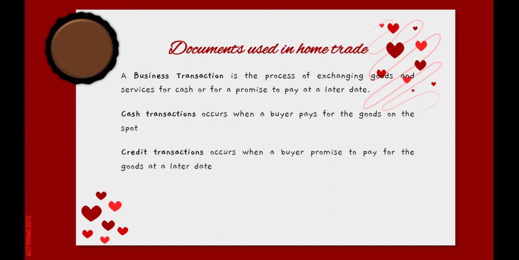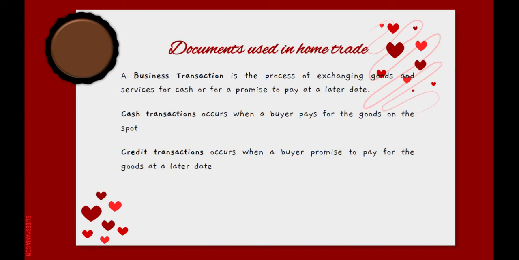Credit transactions occur when a buyer promises to pay for the goods at a later date. This means that a business transaction is taking place on credit basis when payment is made after a specified period from the date of delivery of the goods or the provision of the services.